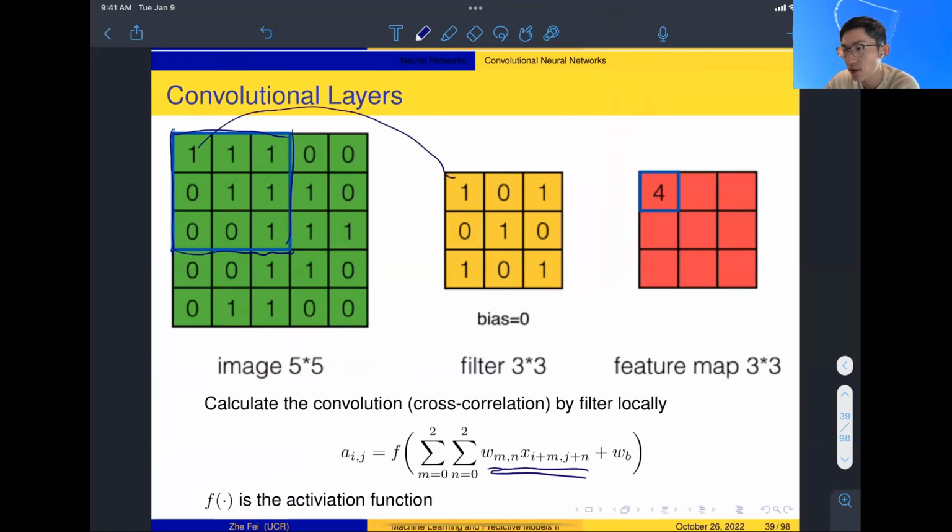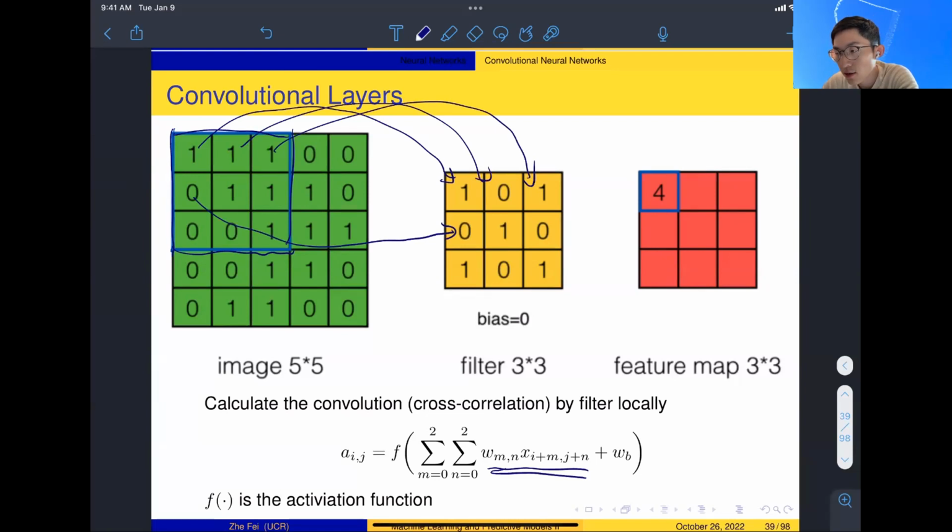Entry-wise meaning, the first entry is 1 times 1. Then the second entry-wise multiplication is 1 times 0, and then 1 times 1, and 0 times 0, and so on and so forth, right? And then you take the summation of this entry-wise multiplication, and that is called the convolution, right?